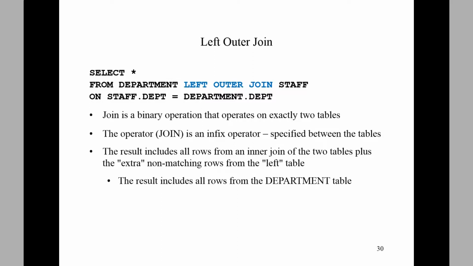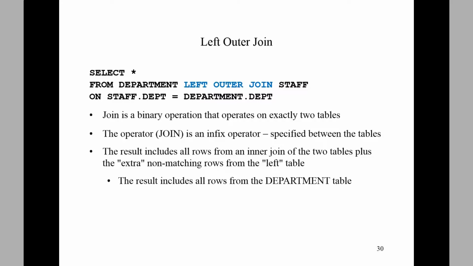Because all rows in a table must be structurally alike, that is, having the same number of columns, the rows from the left table will be null extended to accommodate the columns that are coming in from the staff table. Remember, here we're saying select asterisk.